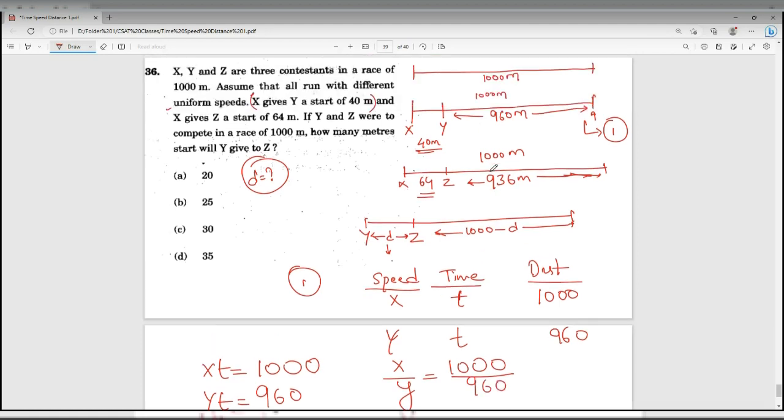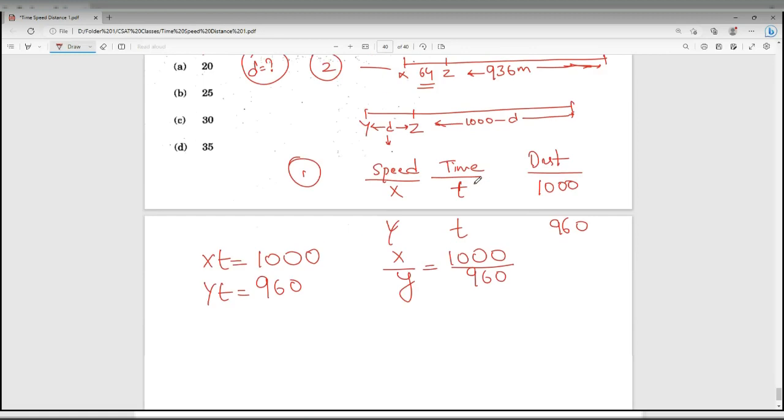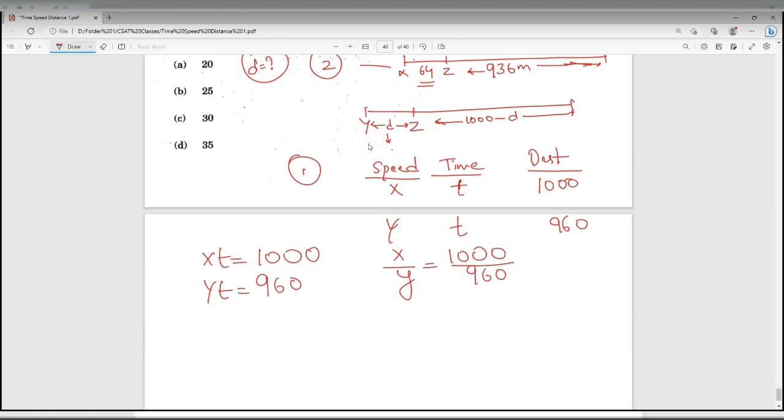And then using the second sentence that they have given, we'll form the equation in the same manner. Again we have speed, time and distance.